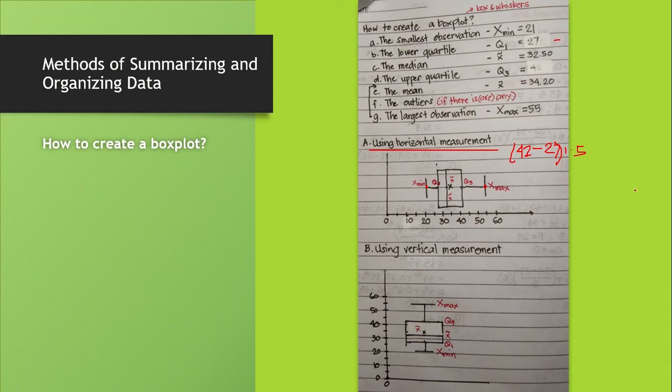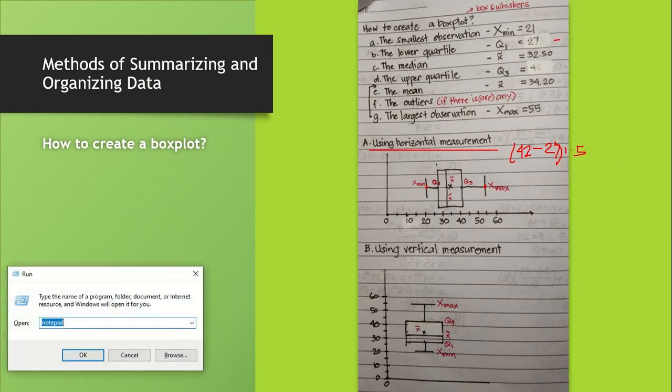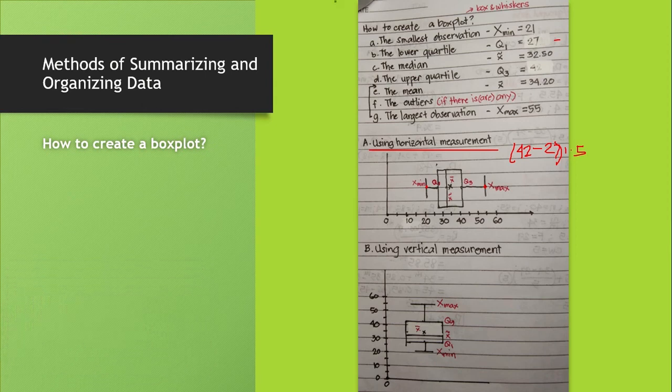So let's calculate if we reach an outlier or not. Though in the figure we don't have an outlier, we have to prove that there are no outliers in our data. So that's 42 minus 27 multiplied by 1.5. So that's 22.5.